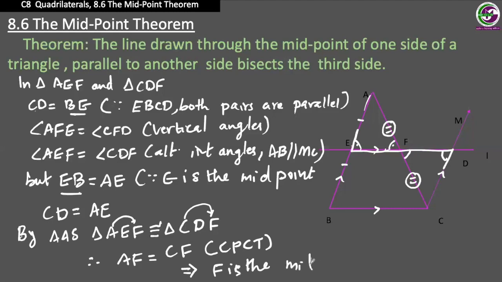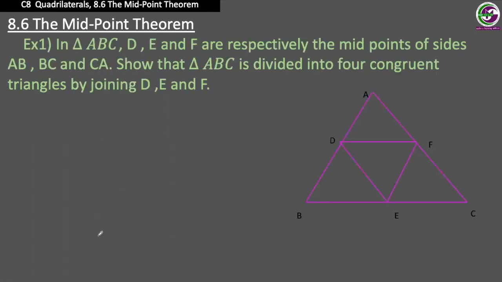So what do we understand from here? It is an inverse of midpoint theorem. If you start from the midpoint of one side and draw a line parallel to the third side, then it will join the midpoint of the second side. That is the inverse of midpoint theorem.